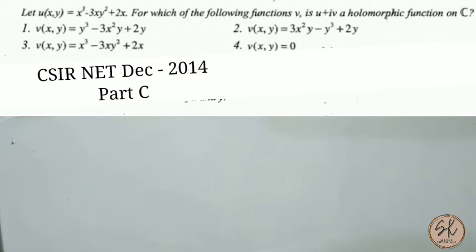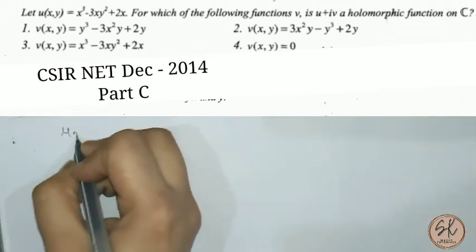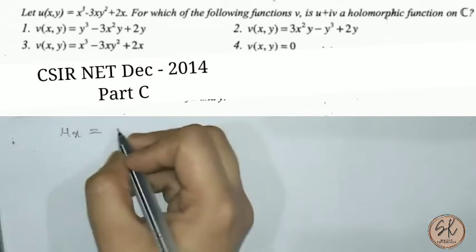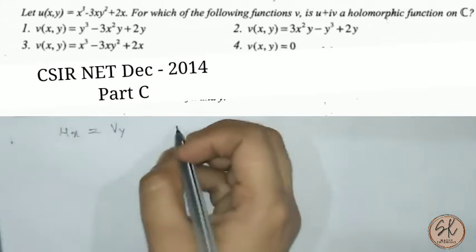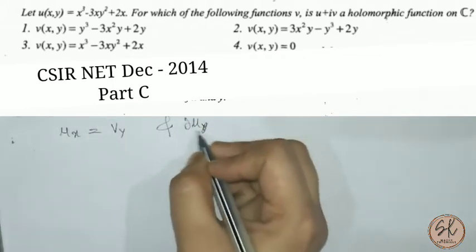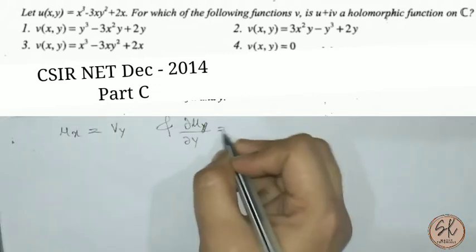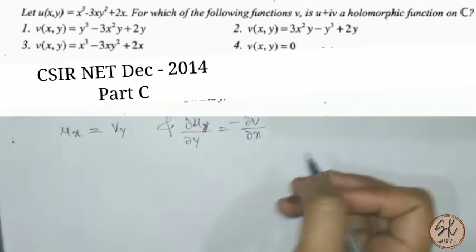So a function is analytic if it satisfies the Cauchy-Riemann equations, that is the partial derivative of u with respect to x is equal to the partial derivative of v with respect to y, that is u_x equals v_y, and del u by del y is equal to minus del v by del x. Okay, these are the Cauchy-Riemann equations.